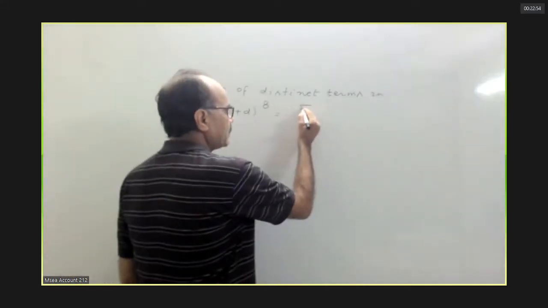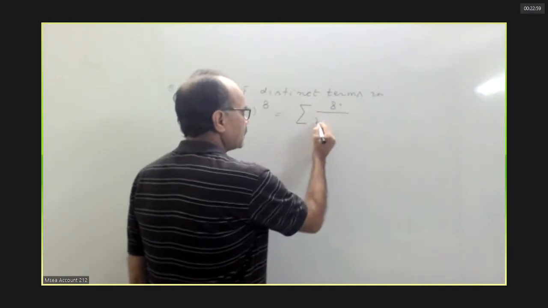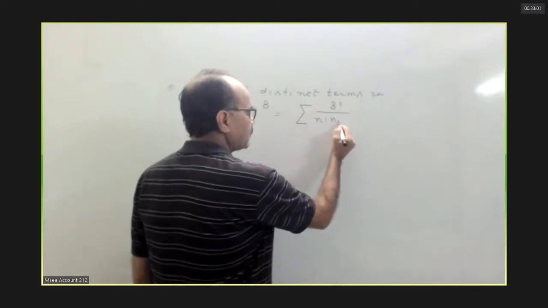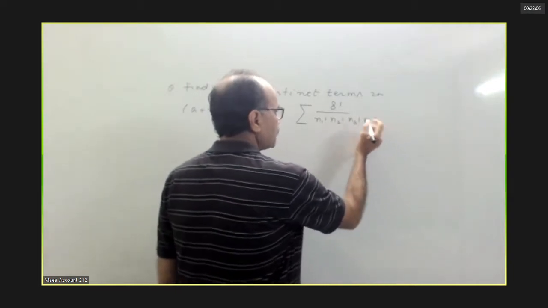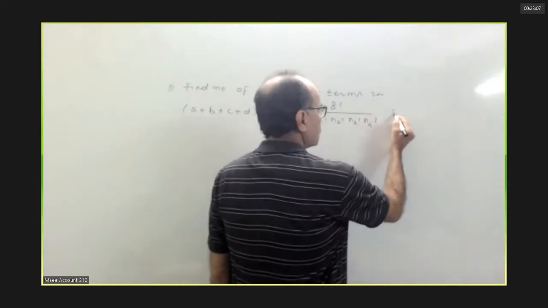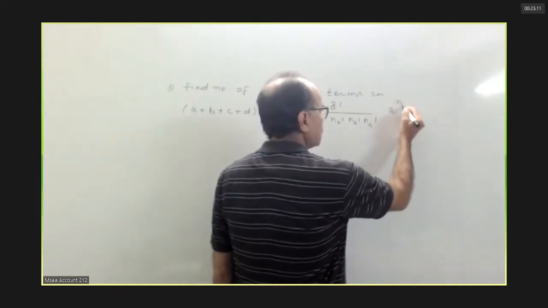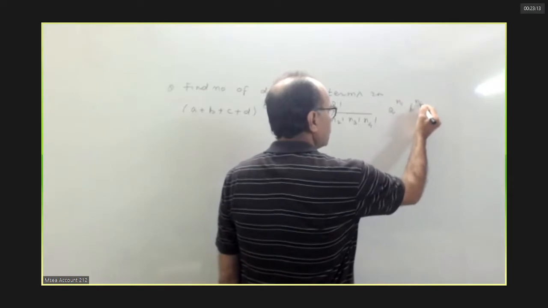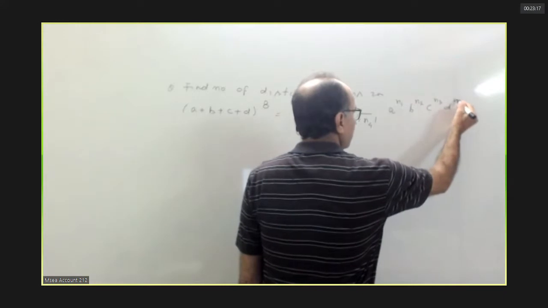This will be factorial 8 by n1 factorial, n2 factorial, n3 factorial, n4 factorial. 4 variables are there. a to the power n1, b to the power n2, c to the power n3, d to the power n4.